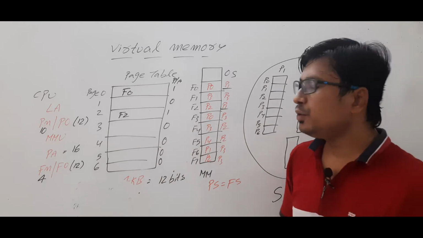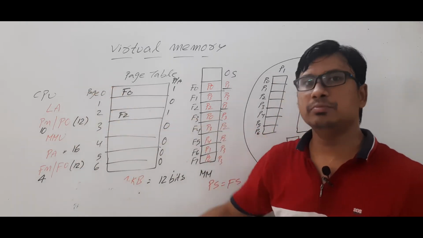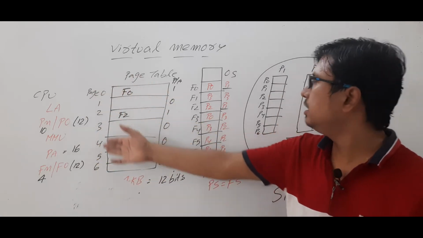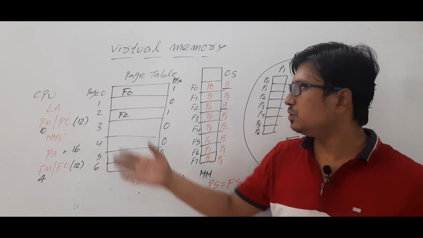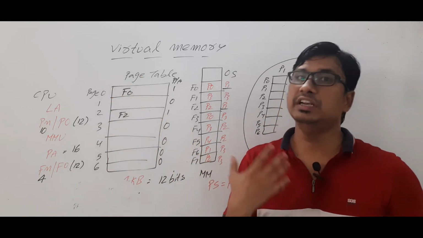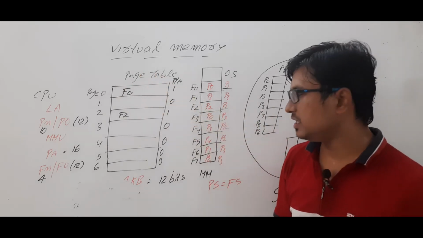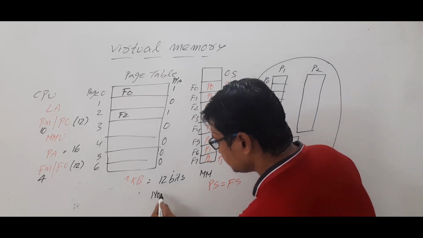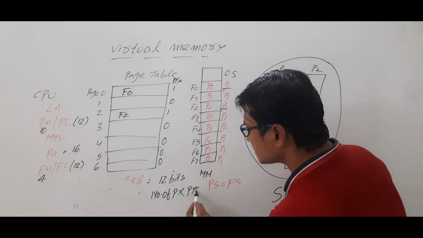Is it clear? Now you can ask me, the number of entries in a page table will depend on what? The number of entries in a page table will depend on the number of pages of a particular process. So each page table size will be different, because the page table size will depend on the number of pages and the page table entry size.